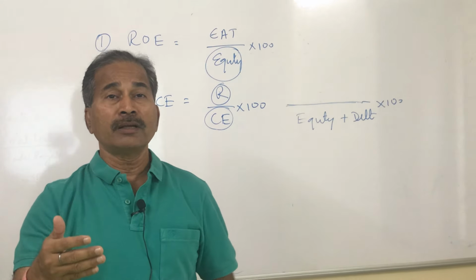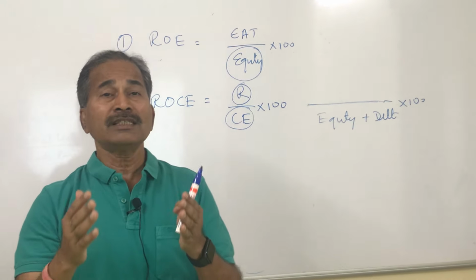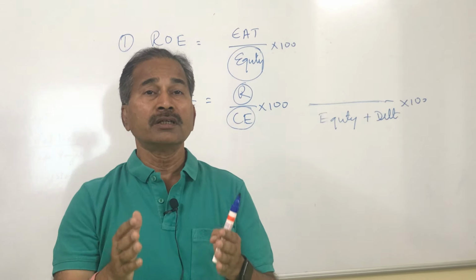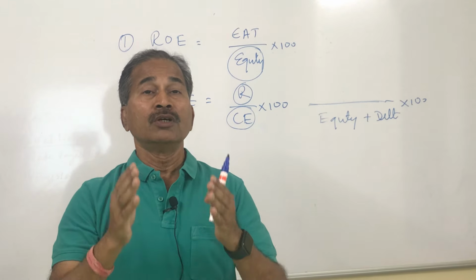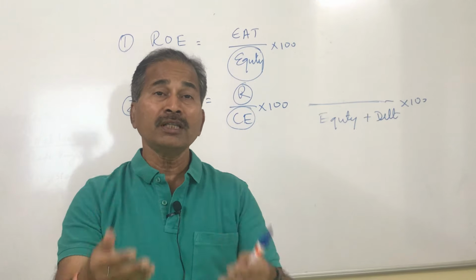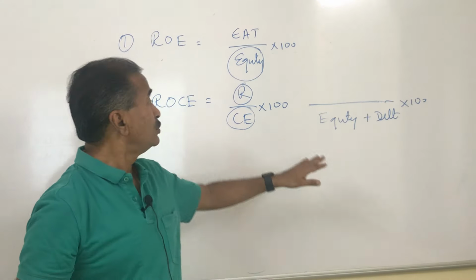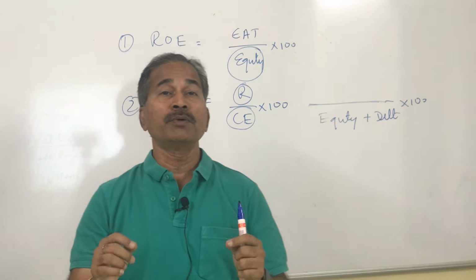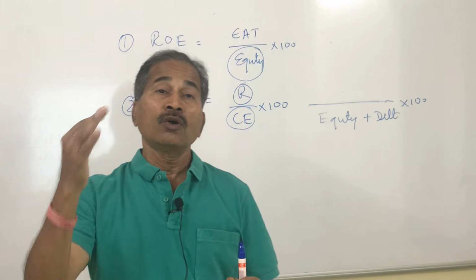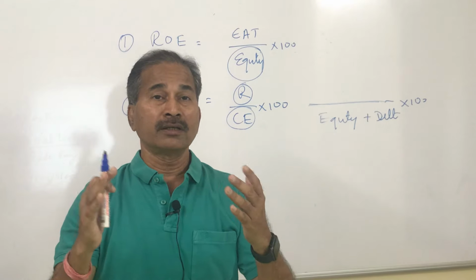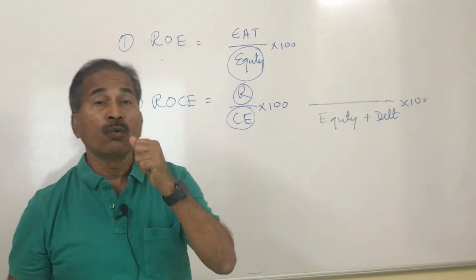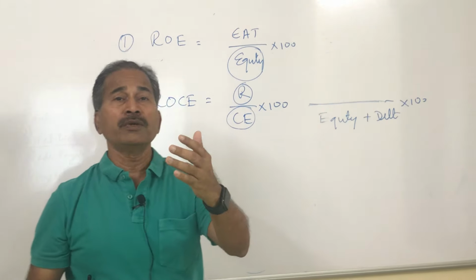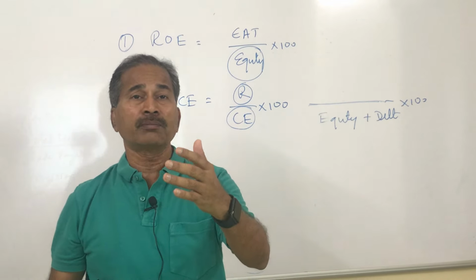The return on capital employed tells how much return, as a business, you are giving to the people who have given you capital. Who are the people who have given you capital? So you have the equity shareholders and you have the lenders, and these are the ones who have given you the capital. Therefore, what should come in the numerator? The answer of course is very simple. What should come in the numerator when you are trying to calculate the return on capital employed?